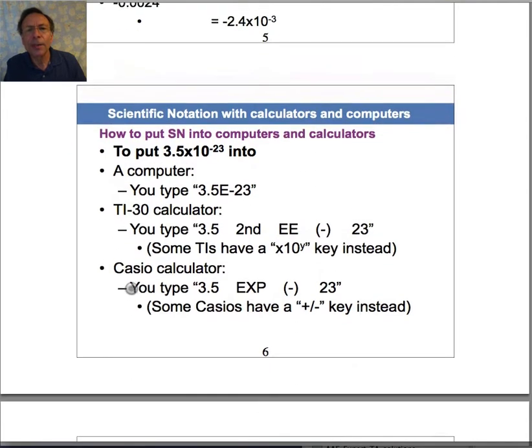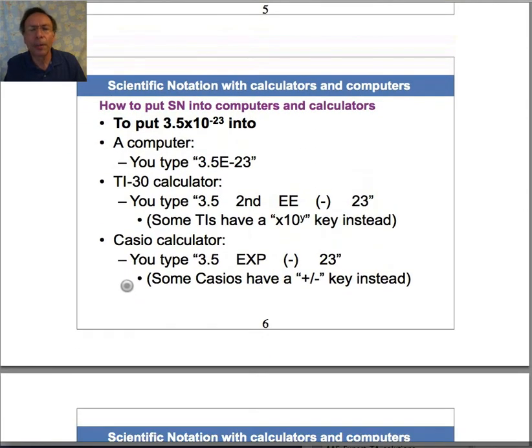And here's the meat of what I want to talk about. I want you to be good at entering scientific notation numbers into computers, such as putting the answers into Expert TA problems, which are on a computer, and also how to put scientific notation numbers into calculators like this, right?